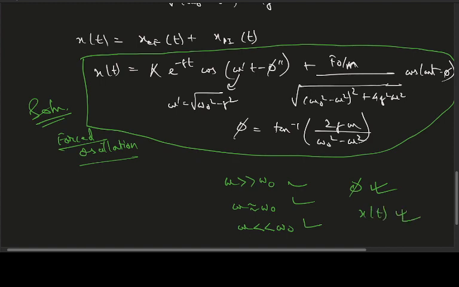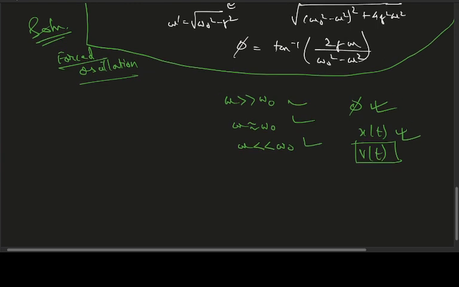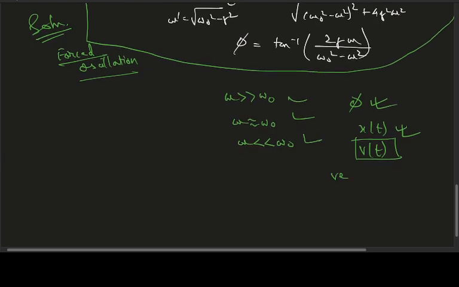We also see a very interesting relation with the velocity, and there are two very different aspects here: the velocity resonance, which gives the velocity amplitude, and the amplitude resonance.